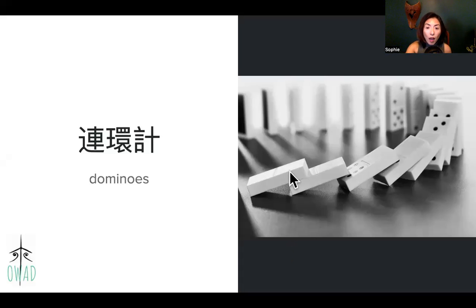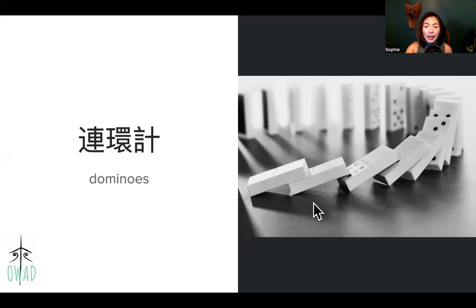Because one disc, one domino falls and will impact the next one, the whole thing. So it's a stack of things. One happens dependent on the previous one. So it's a sequentially falling down process, right? That just shows the impact of one leads to another, and it's a continuation.